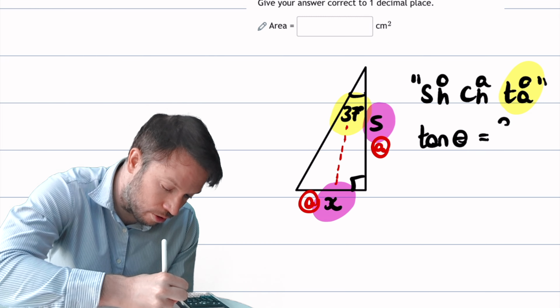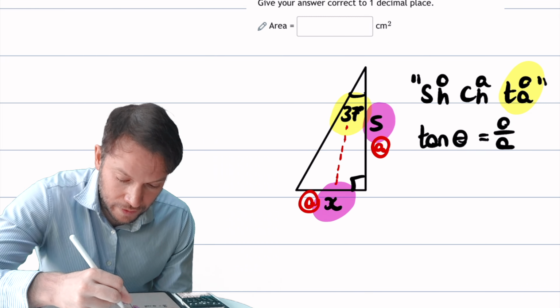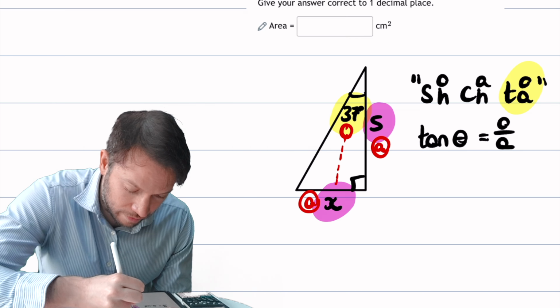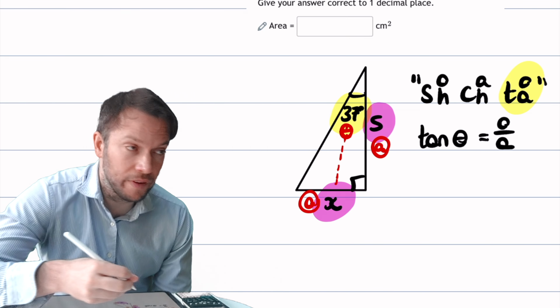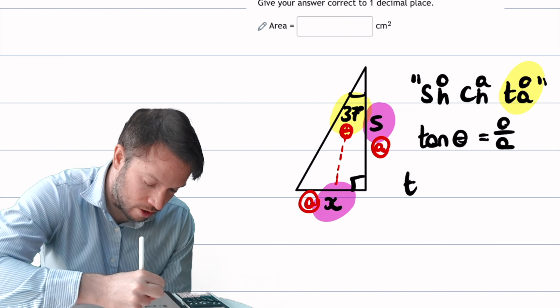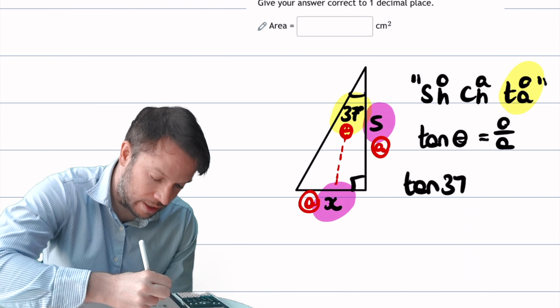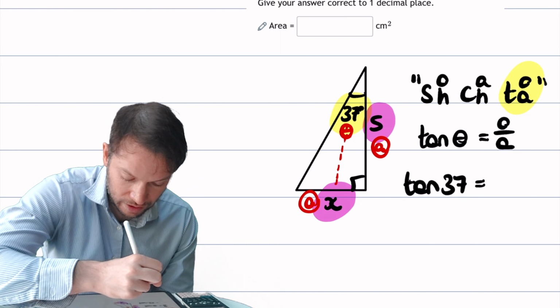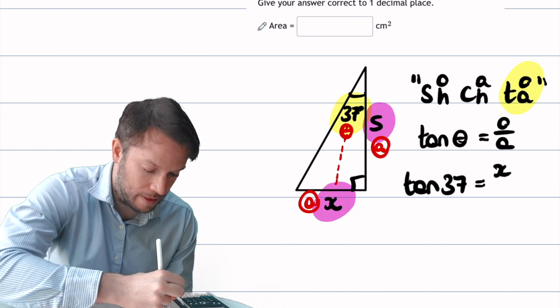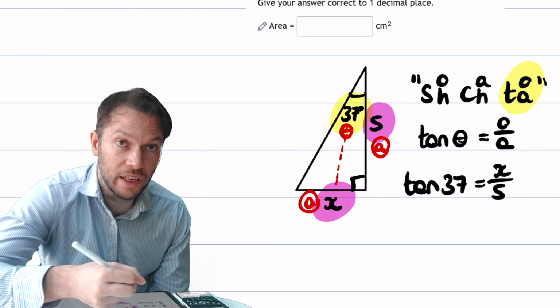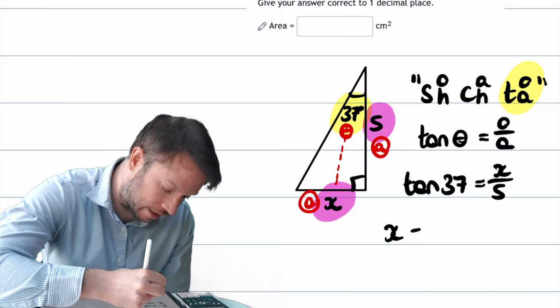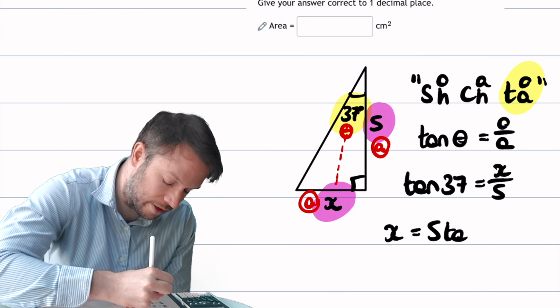So this 37 here is the angle of interest, the theta. Let's substitute everything into this formula. We've got tan 37 is O over A, which is x over 5. Then let's multiply both sides by 5 to give x is 5 tan 37.